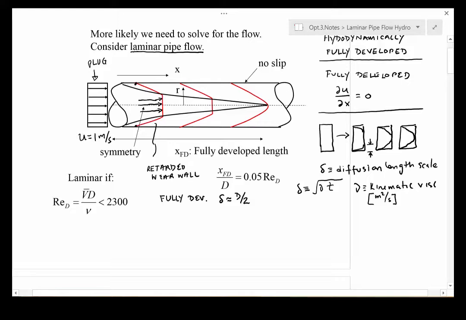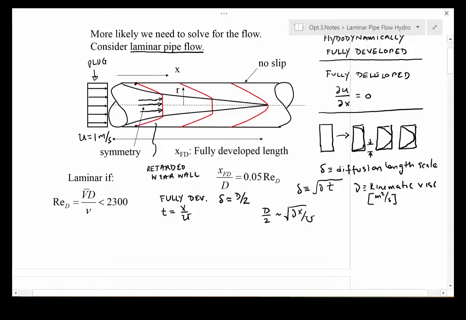And rather than talking about this in time, it's worthwhile thinking about this time variable as some length scale x over some effective velocity inside that system, u. If we simply substitute these parameters in, we get D over 2 looks like the square root of nu x over u, again with some characteristic velocity.